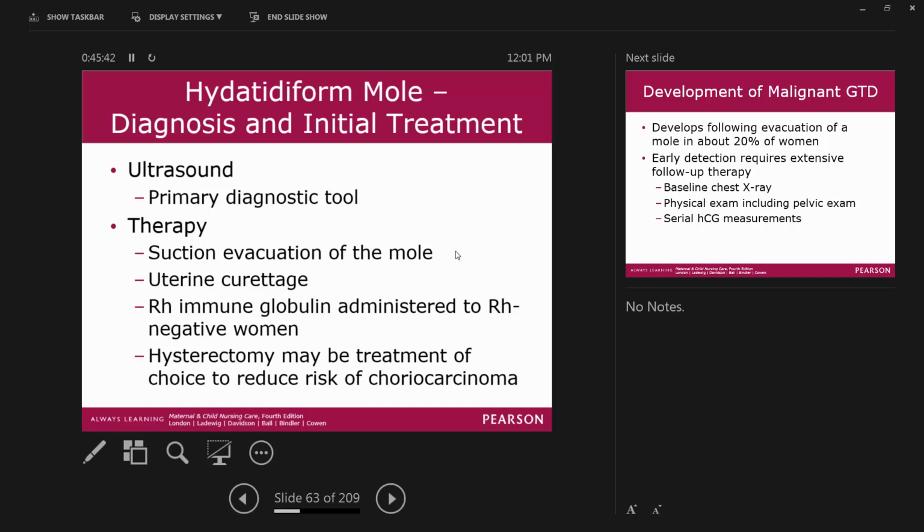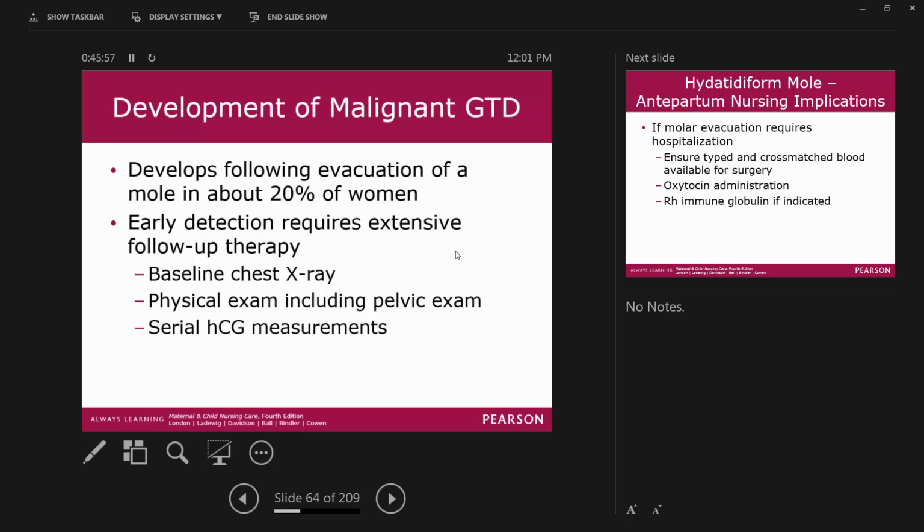So anyways, we do give these gals the RhoGAM also if they're an Rh negative mom. So we don't know what that product was, so we just treat her just in case. They are at higher risk for the malignant form, okay?